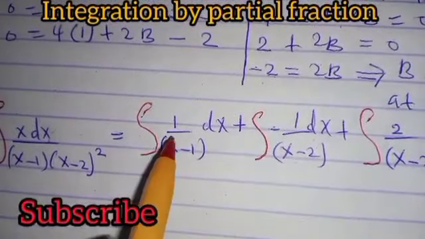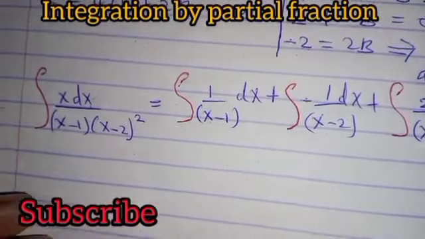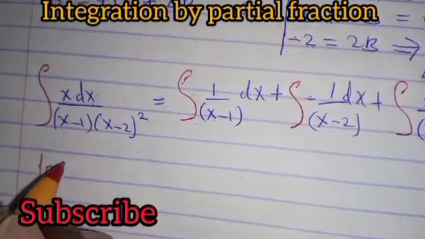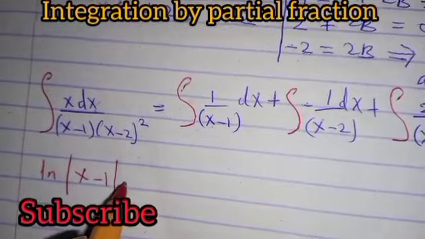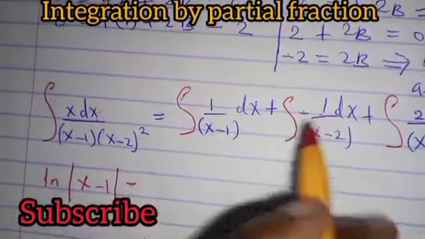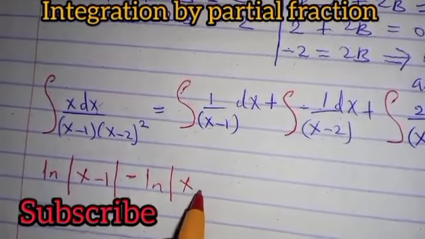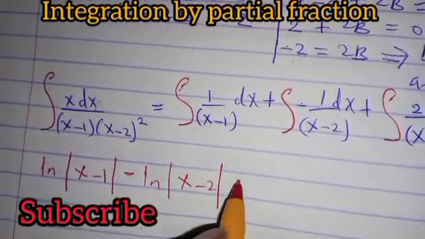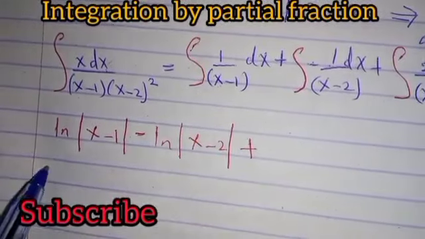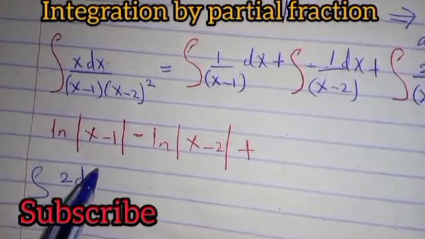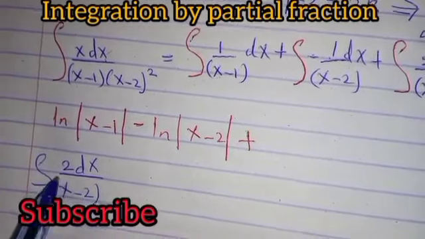So the integral or the antiderivative of 1 over x minus 1 will give you the natural logarithm of the modulus of x minus 1, minus, there is a negative here, the natural logarithm of the modulus of x minus 2, plus, now this part here, the integral of 2 dx over (x minus 2) squared.